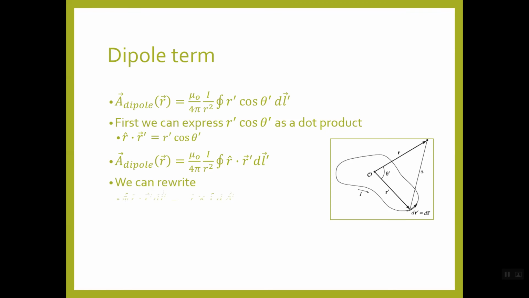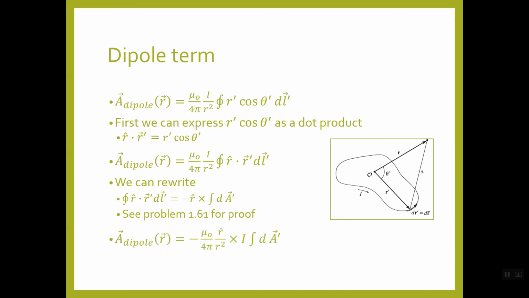Then we can rewrite this using the equivalency that the line integral of r hat dot r prime dl prime is equal to minus r hat crossed with the surface integral da prime. You can see problem 1.61 in your textbook for the proof of this equivalency.